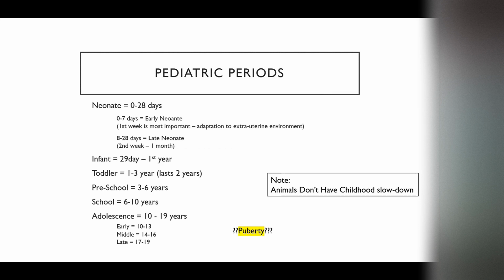So that's how it goes. Neonate is split into early and late. Okay, so 28 days. I like to think in my brain about 1 month, but you have to know 28 days. So the first week is the most important because there is adaptation to extrauterine environment. This is the most critical period. Okay, the baby is learning to adapt to the temperature, to the breathing, you know, all these adaptations.